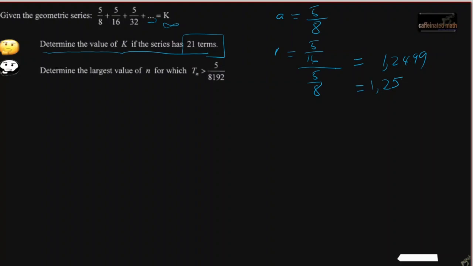Well, from there we just take the formula from the formula sheets, which means that k being the sum to 21 terms, it's going to be equal to a, open our brackets, r to the power n minus 1 over r minus 1. So let's do correct substitution over there. That's 5 over 8. And then we have, well, 1 over 2 for our ratio.